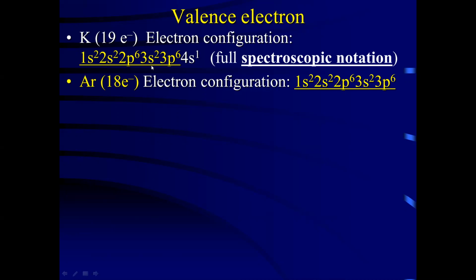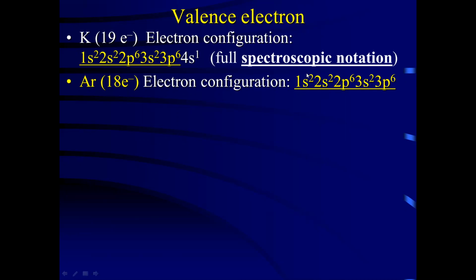Using the same method, we can do the Aufbau for argon. Again, we look at argon in the table. Argon has 18 electrons. Of course, we use the same method: 1s2, 2s2, 2p6, 3s2, 3p6.